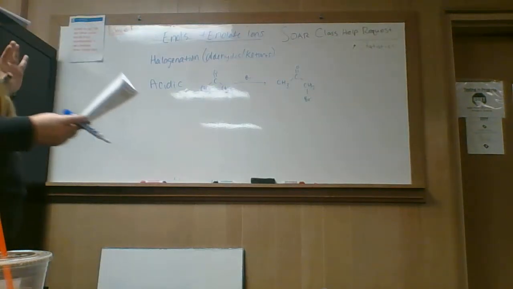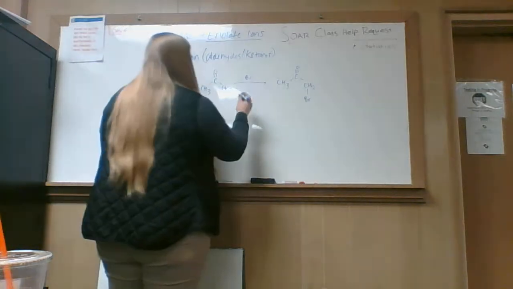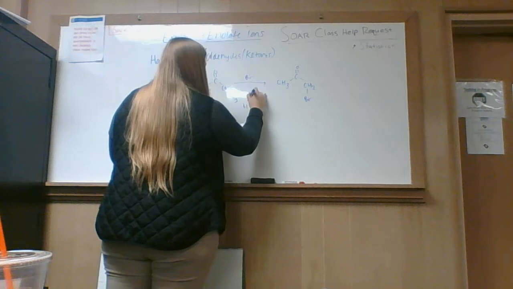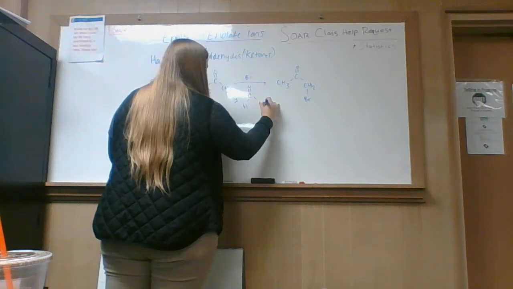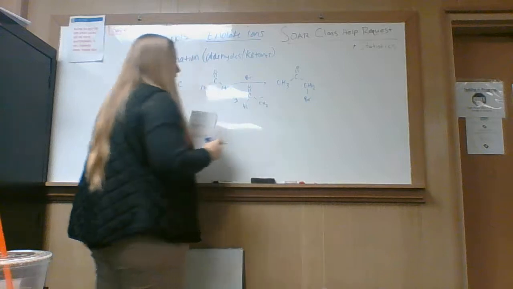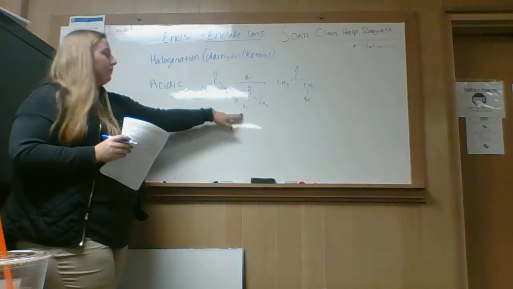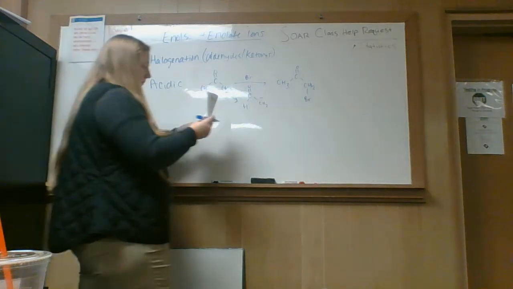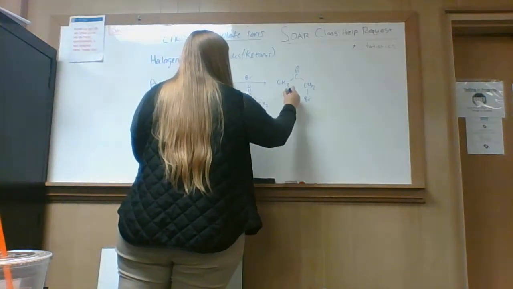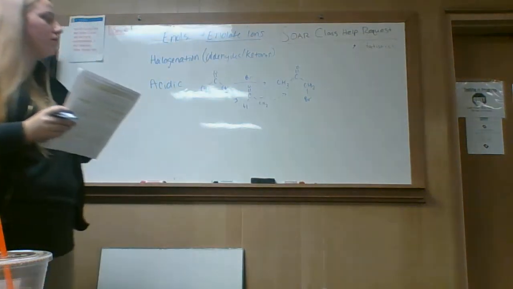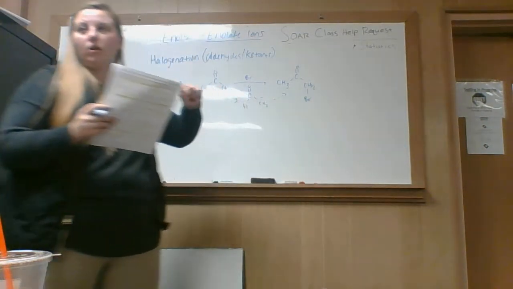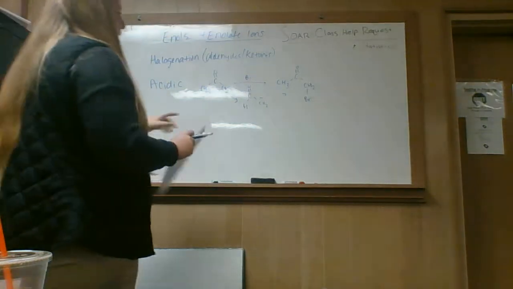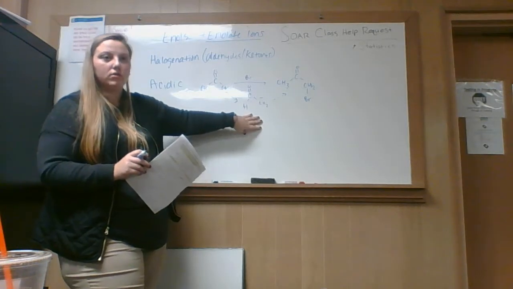What's not being shown here is this formation. We're forming the enolate ion, which is going to attract the addition. So we're removing a proton and replacing it with a bromine. Once you make that addition of the bromine, it's harder to form this again, so it kind of shuts everything down.